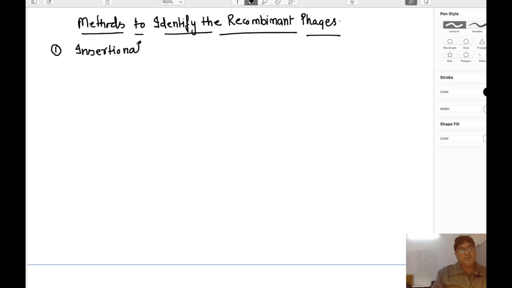It is insertional inactivation of lacZ gene. This is a special gene. We know about this gene.